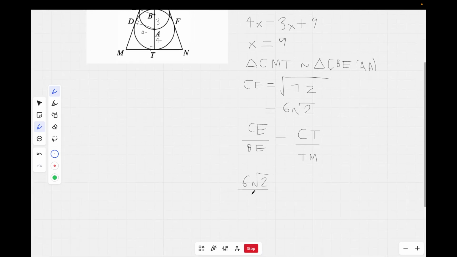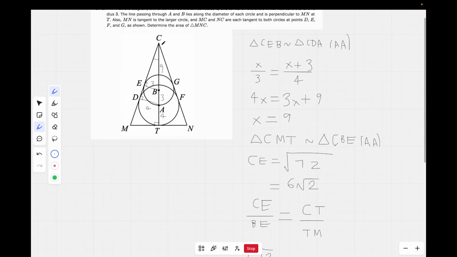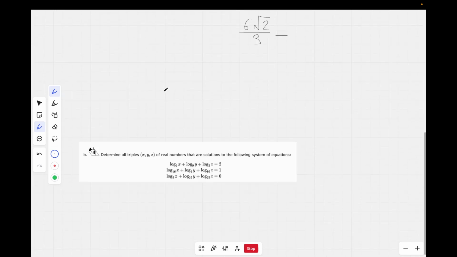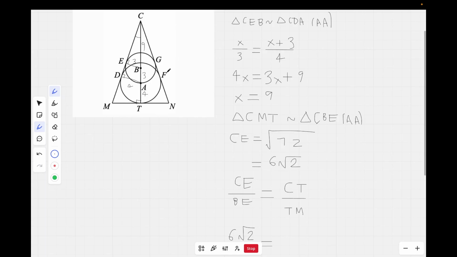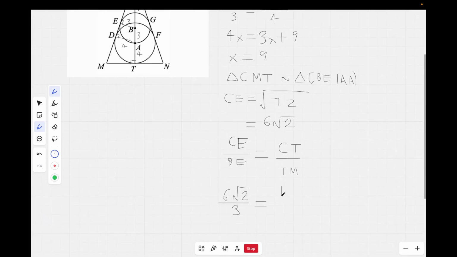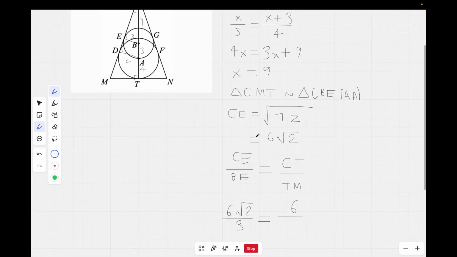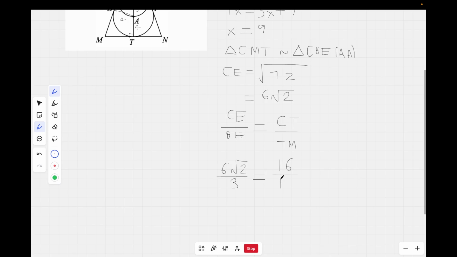It's just the radius of the circle centered at B. CT is 9 plus 3 plus 4 because we solved for CB earlier. So 9 plus 3 plus 4 is equal to 16. And TM, well, that's what we're trying to find, right? So this ratio, 16 over TM, is equal to this ratio.